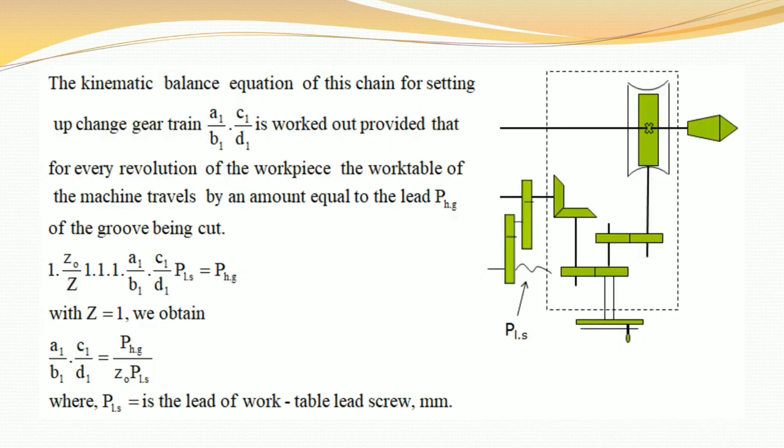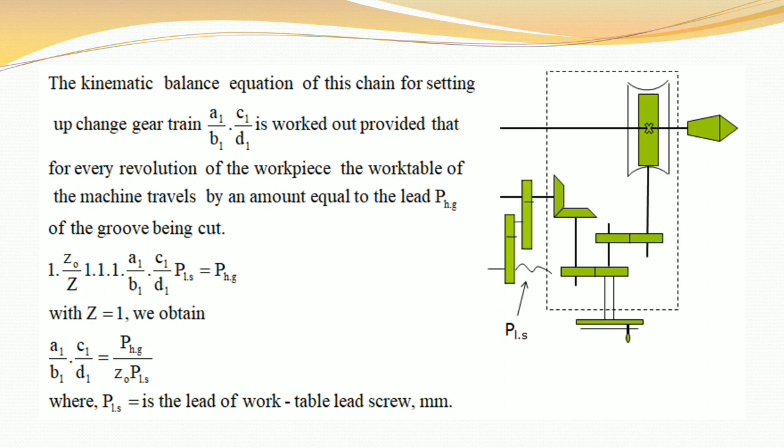The kinematic balance equation of this chain for setting up the change gear train A1 by B1 multiplied by C1 by D1 is worked out provided that for every revolution of the workpiece, the work table of the machine travels by an amount equal to the lead P_helix of the groove being cut. There is a figure.